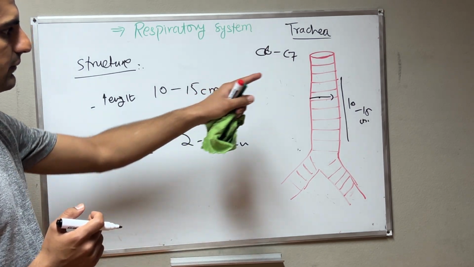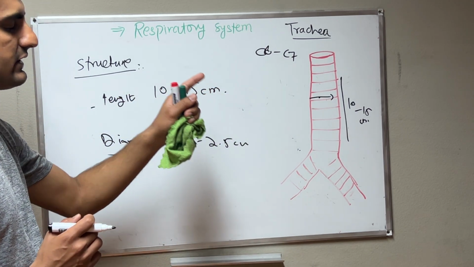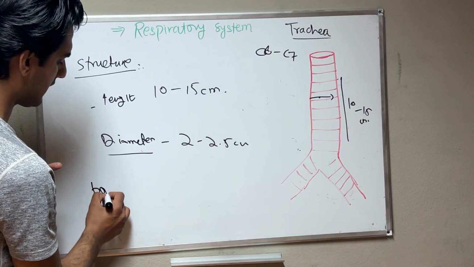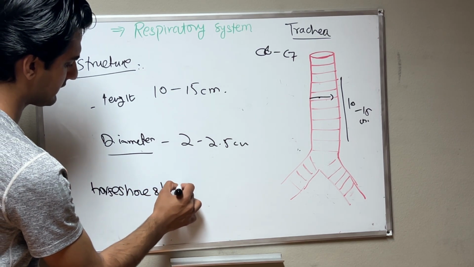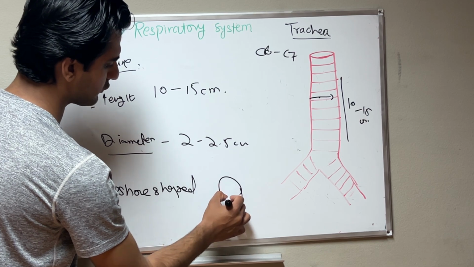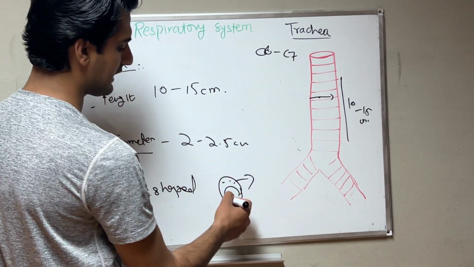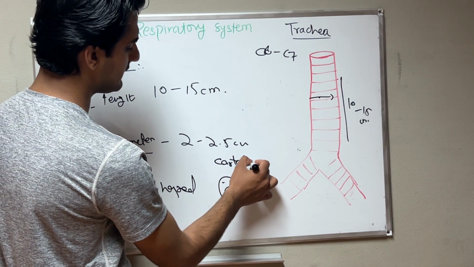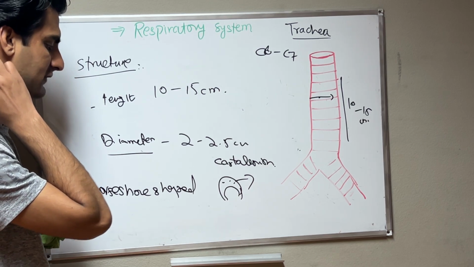If we talk about the structure more, in the anterior view we have a horseshoe-shaped trachea. This is a horseshoe shape, because in the anterior view the horseshoe-shaped area is cartilaginous, the cartilage of the trachea.